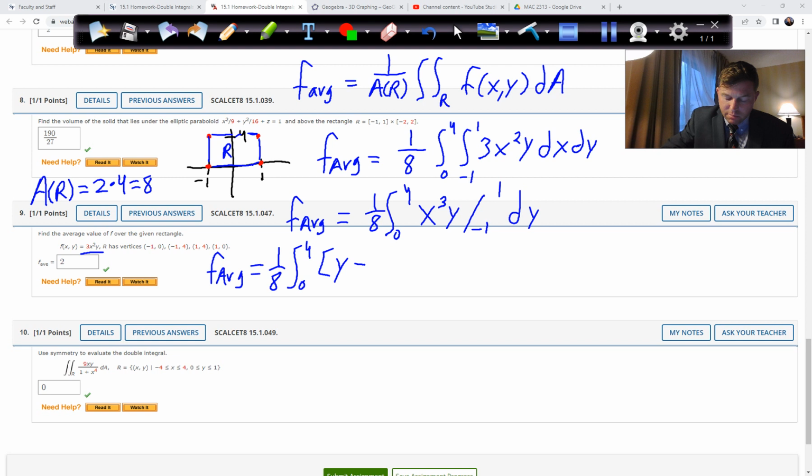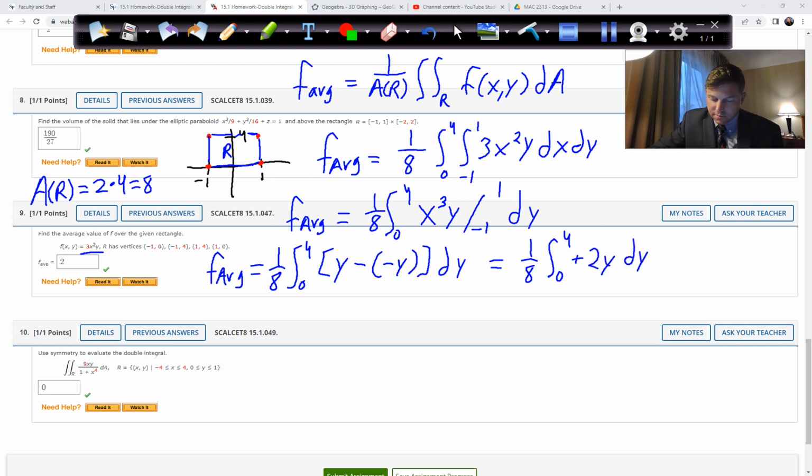Plug in minus 1, you'll get minus y, dy. So this is equal to 1/8 antiderivative 0 to 4 of negative, it'd be positive, 2y dy. And we'll pull out that 2 and write it over 8. And so it's just the antiderivative of y itself, dy.